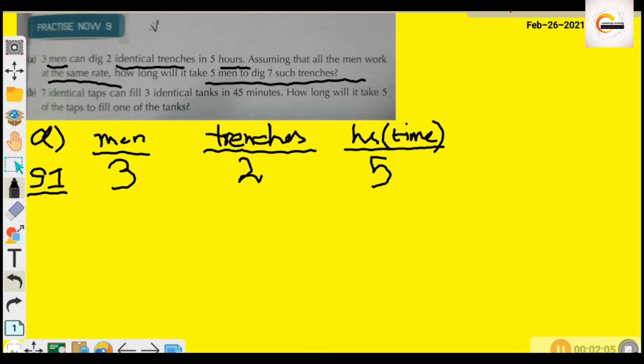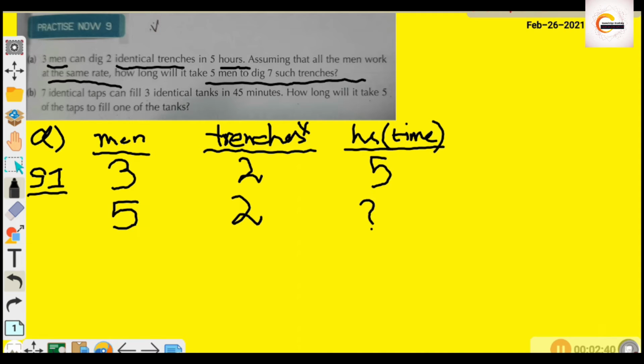So I'm going to keep the middle one constant, the trenches. I'm going to keep this variable constant so that I will find out how much time 5 men will take to dig 2 trenches.